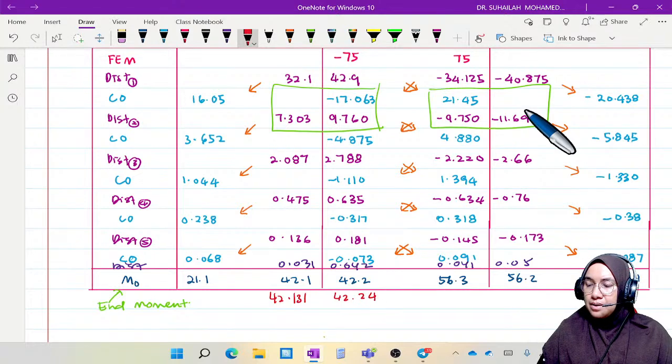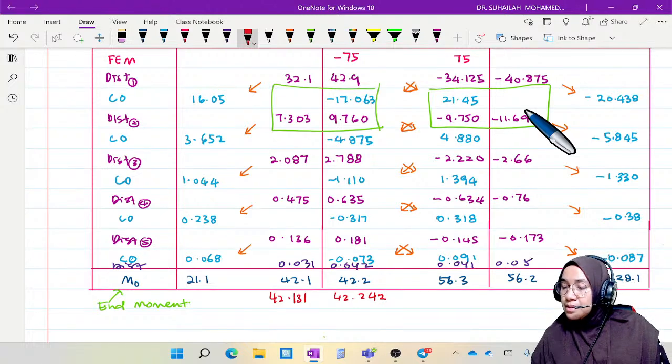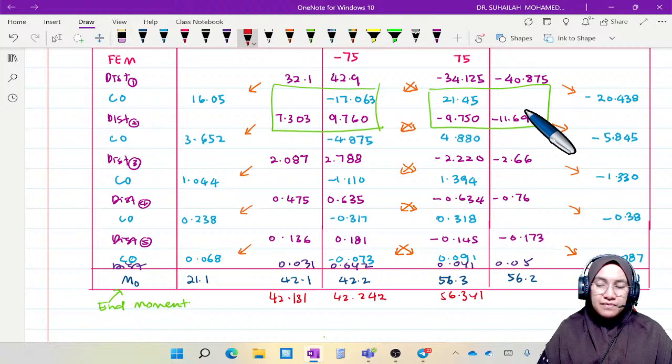Not affect much, doesn't matter. Another one is 56.3 plus 0.041, and it is 56.2 plus 0.05, 56.25.